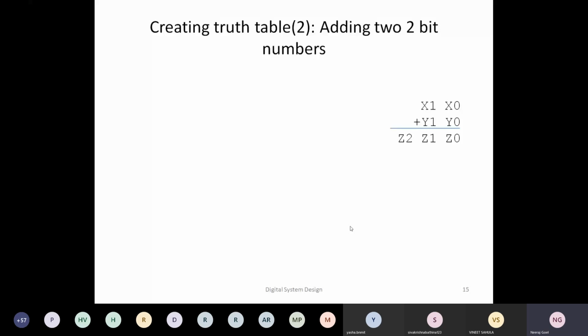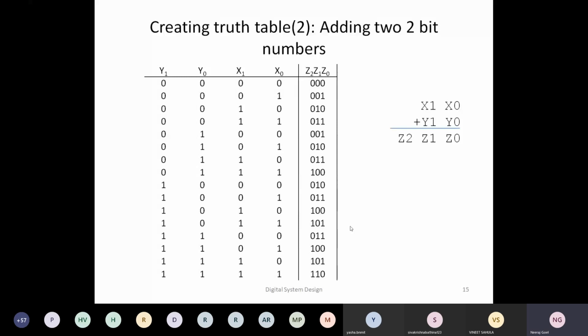So I have created that table, and let's look at this quickly. Here I have enumerated all the 16 possibilities, and Z0, Z1, Z2 have been calculated for all the input combinations by manually adding these two numbers. What would be the next step here? I have to create 3 different functions. One for Z0, where the inputs would be x0, x1, y0, y1.